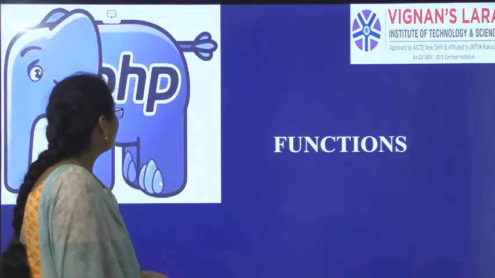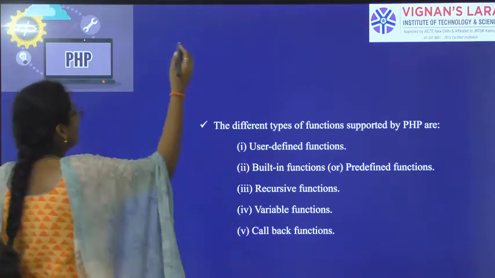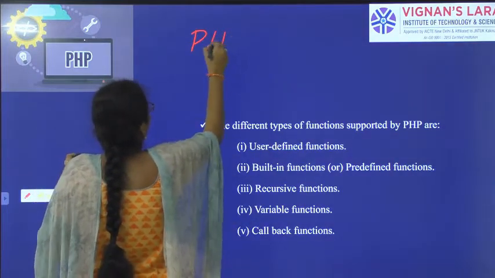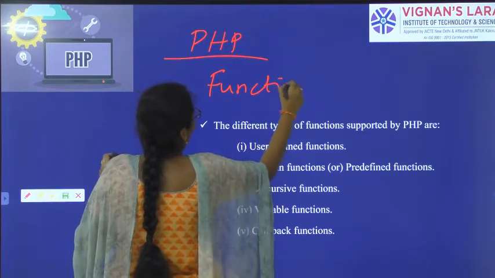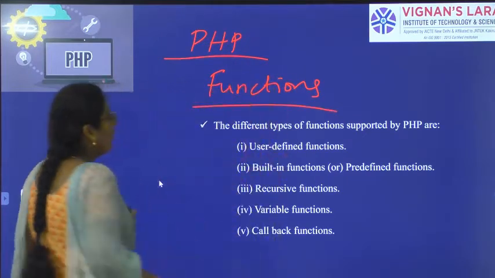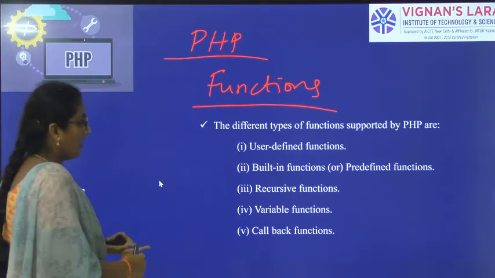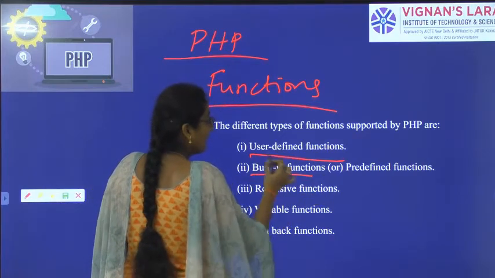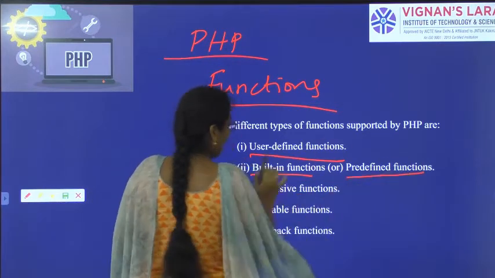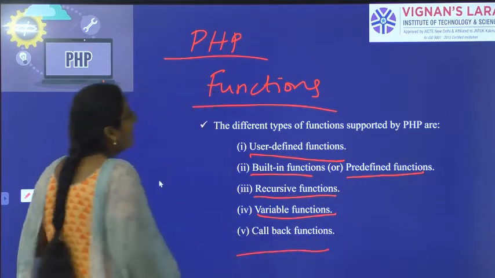So let us see what are the different types of functions we have. The different types of functions supported by PHP are user defined functions, built-in functions, also called predefined functions, recursive functions, variable functions, and callback functions.